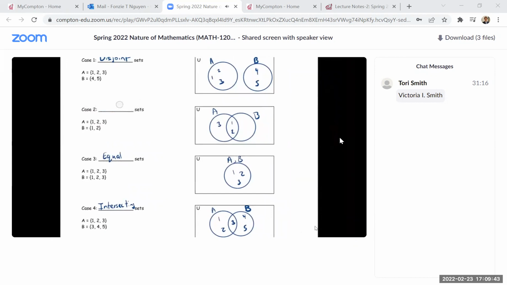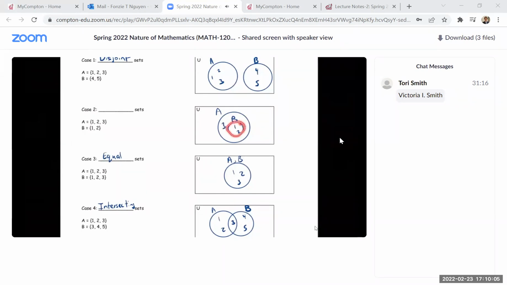I think I messed up on the overlapping one. The overlapping one should have been this: see how B is contained in A? B is contained inside of it, because the 1 and the 2 are in here, and then the 3 is over here.